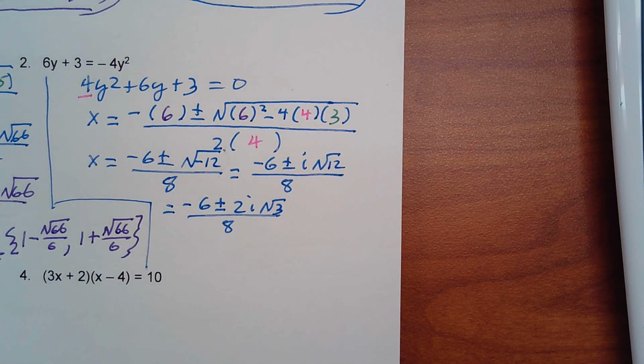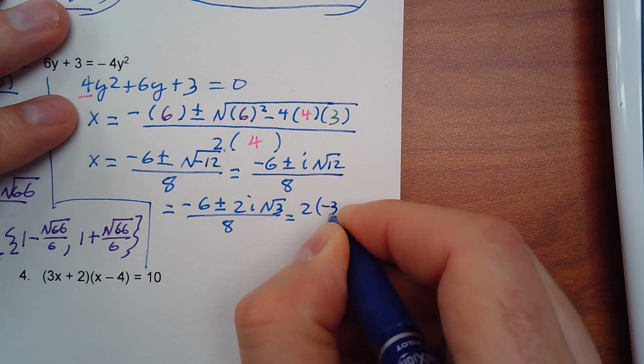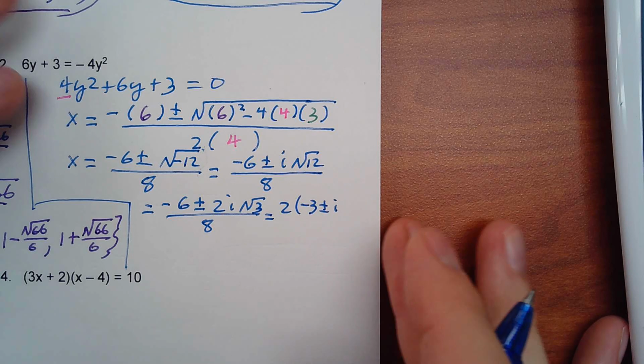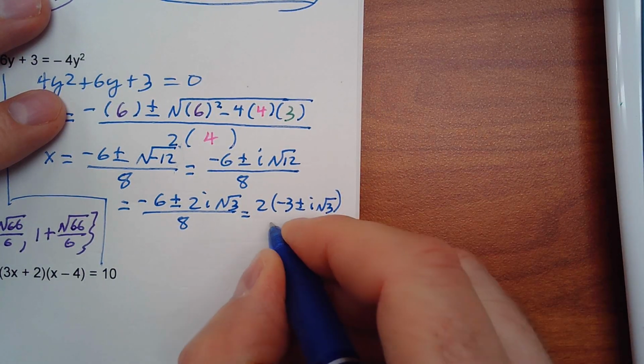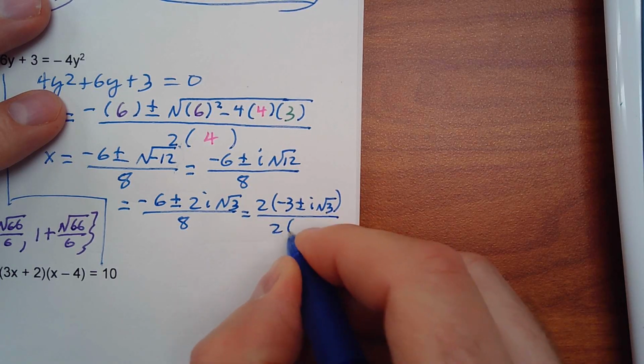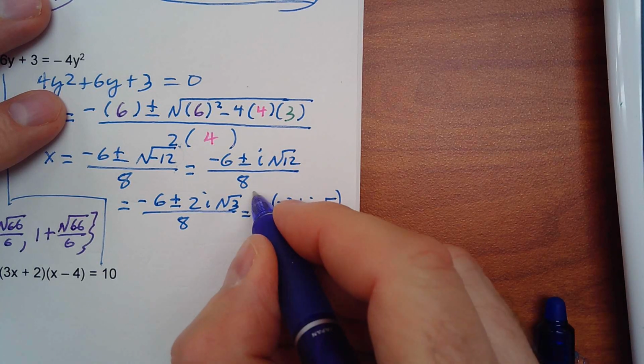I can then go ahead and factor out a 2. That's negative 3 plus or minus i square root of 3. 8 I'm going to write as 2 times 4. And so my 2's cancel.